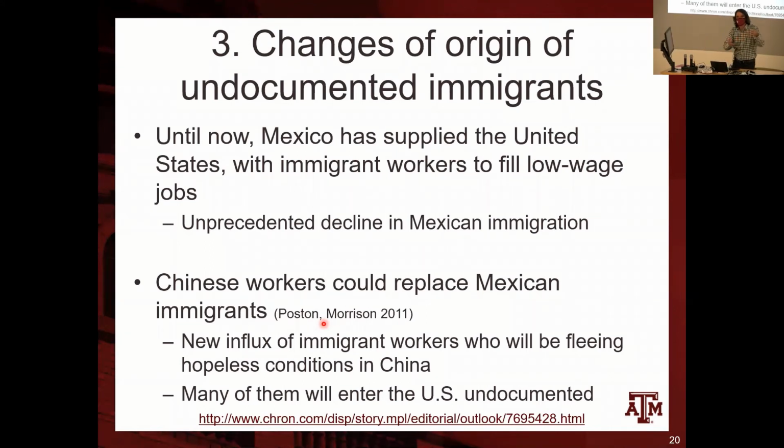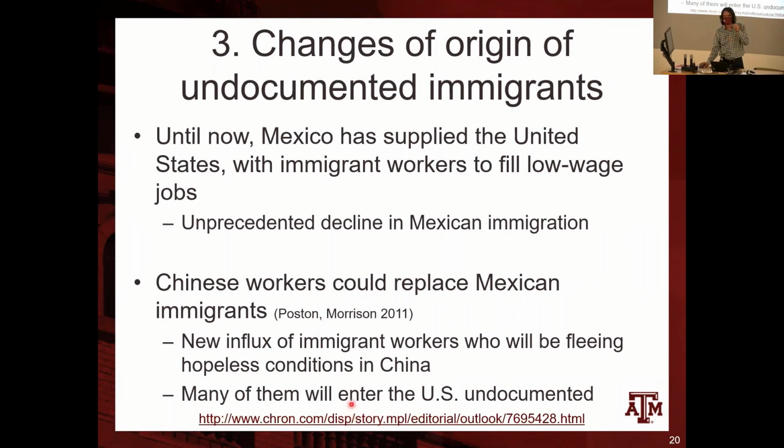And that's a concern, like children entering the US without their parents from these countries that experience really high levels of poverty and violence.